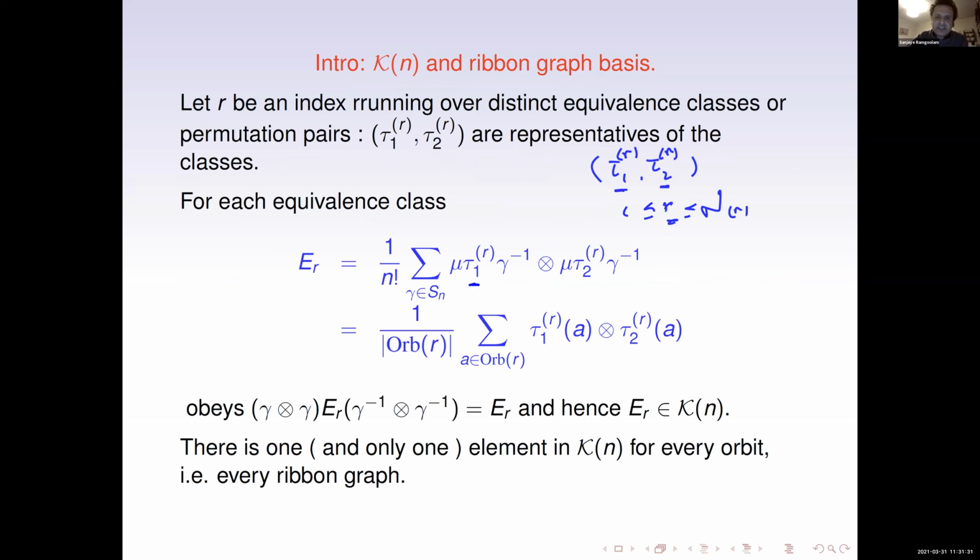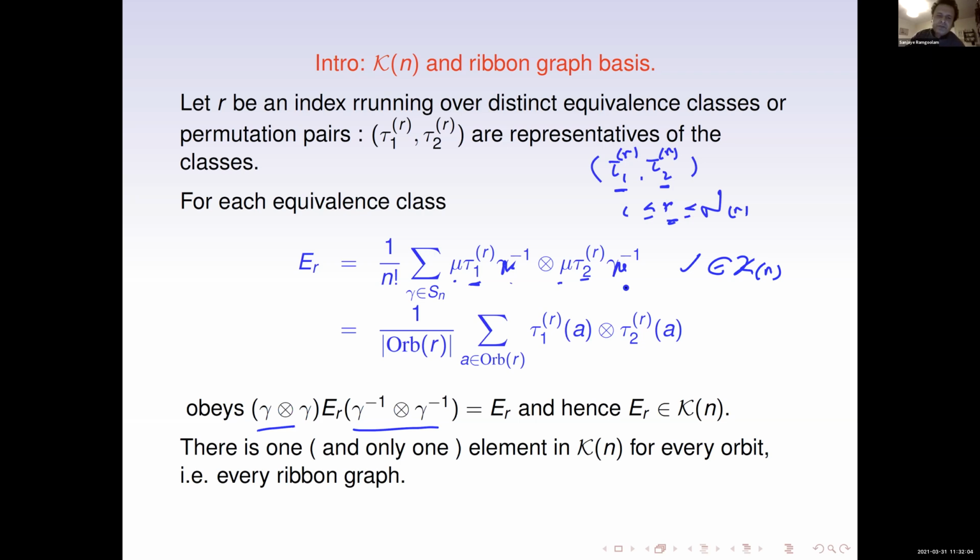If I take such a pair and apply this averaging over the group action, which acts on both permutations by conjugation, I will produce something invariant under that simultaneous conjugation. Because if I put in these gammas, I can absorb them in these sums. So this lives in this subspace, which we call K of n.